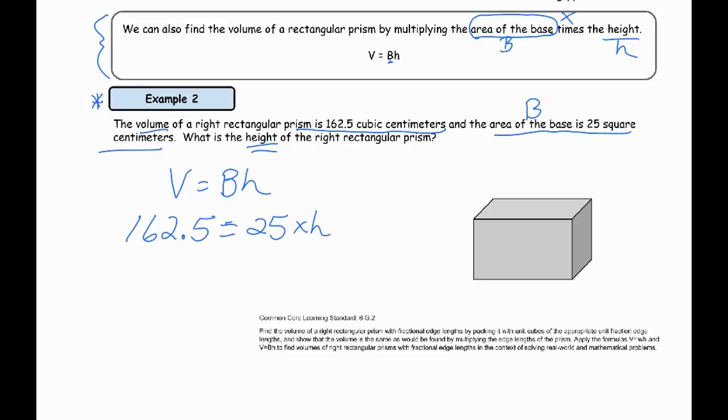Now basically you can see I can turn this right around since I'm given my total, and I'm given a part and I need to find the other part. I can go ahead and write it if it helps you see it better this way. I'm really just dividing 162 and 5/10 divided by 25. And our total is 6 and 5/10 centimeters.